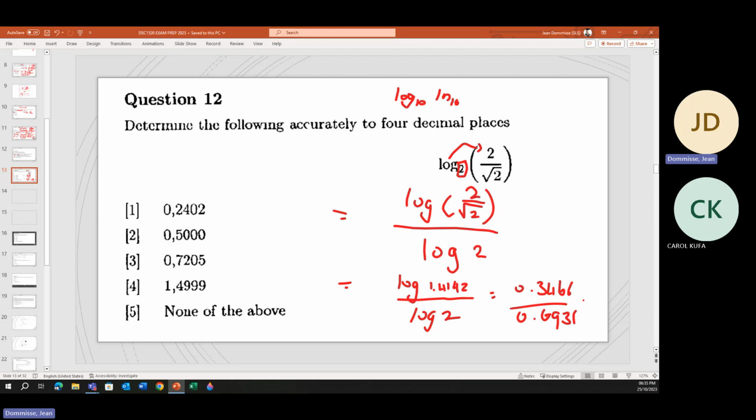If we divide that, we get 0.5, which is option 2.